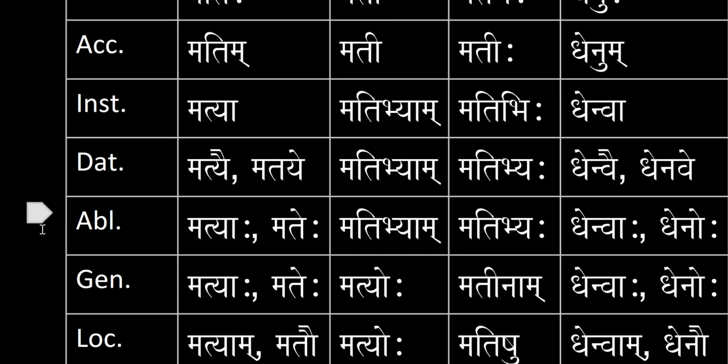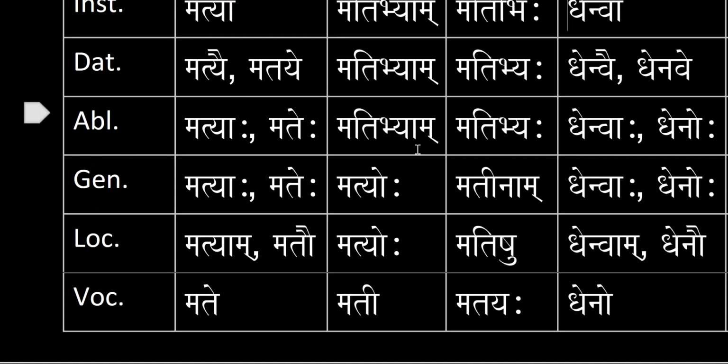For dual, you have matibhyam, matibhyaha. For genitive, singular, dual, and plural, for genitive singular, you have two options. That's matya and matehe. For dual genitive, it's matyoho, plural, matinam.